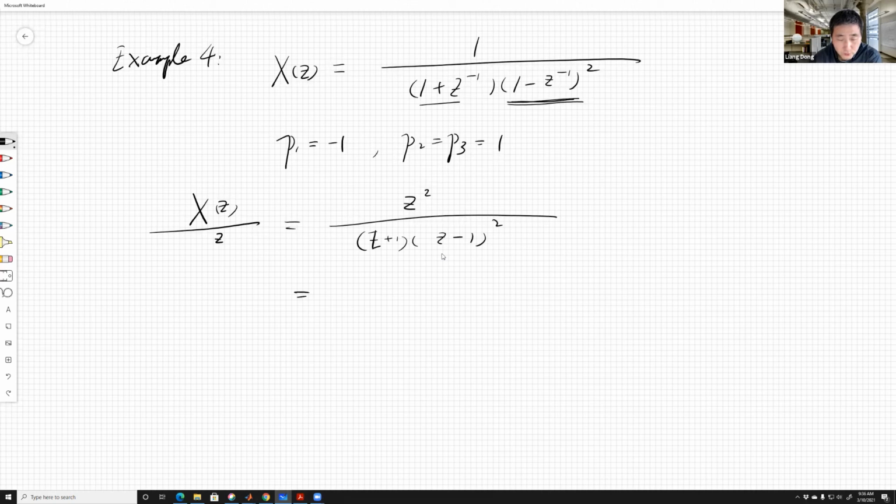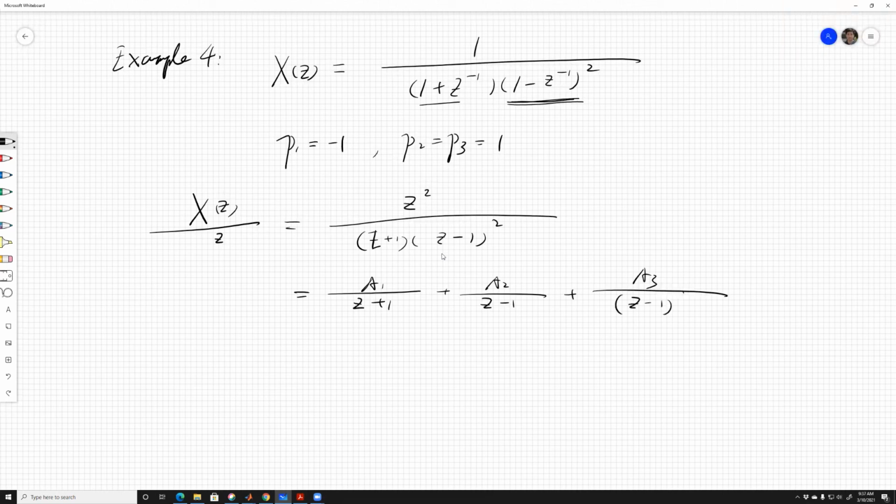Factorize that into 3 terms. So A1 over z plus 1 plus A2 over z minus 1, no problem. But I also have a third term, which is A3 over z subtract 1 squared. I have this third term because I have a pole P2, P3 of multiplicity 2. So I got those 2 later terms.